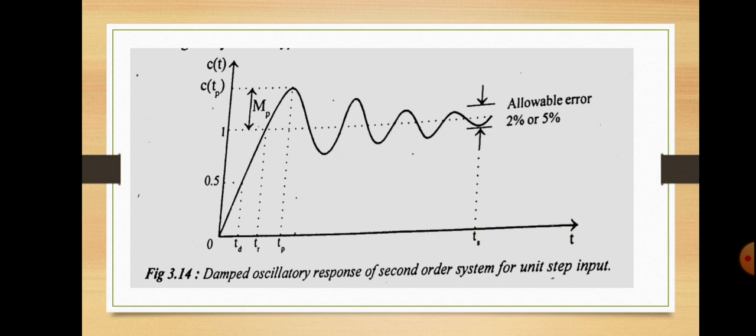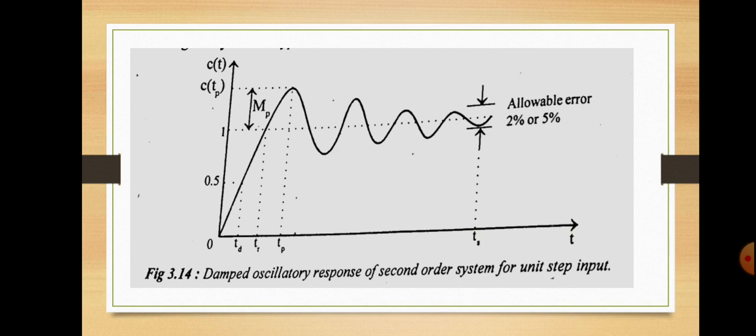When we give a step input, the output response of the second order underdamped case is like this, and you can see that in this curve there is a rising portion and also an oscillatory nature. So this represents the damped oscillatory response of a second order system.